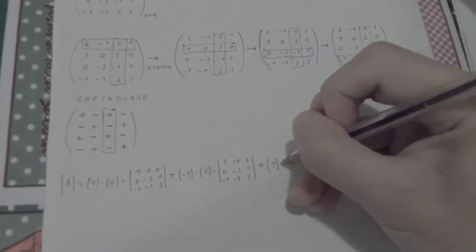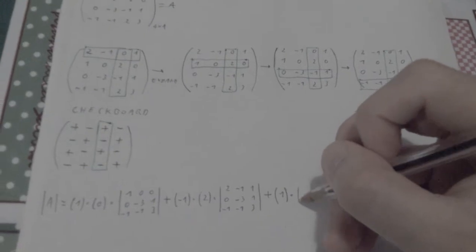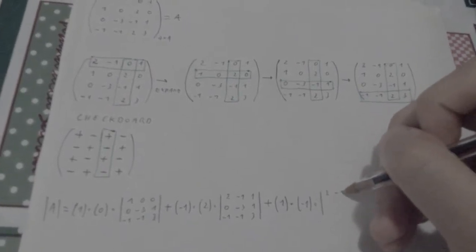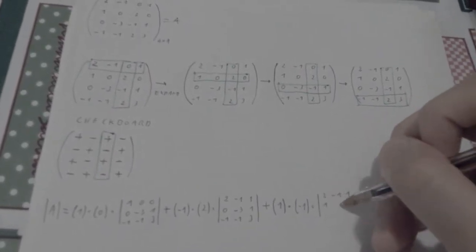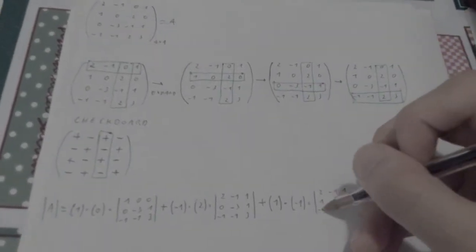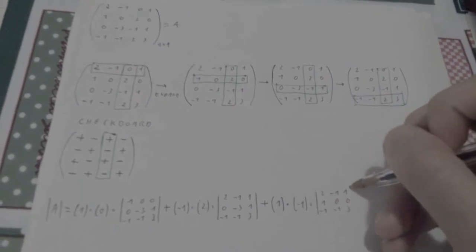So 1 times -1 times the determinant of this matrix, which is 2, -1, 1, 1, 0, 0, -1, -1, 3. And again, this is going to be our final matrix.